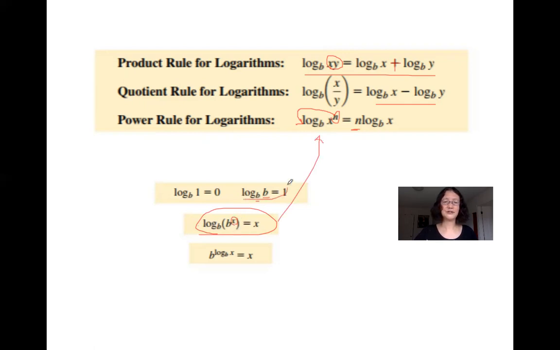Okay, and then use this one here. So this one, it is b raised to power log base b of x. The result is x. Okay. It looks like the b and log base b cancel out. Okay.